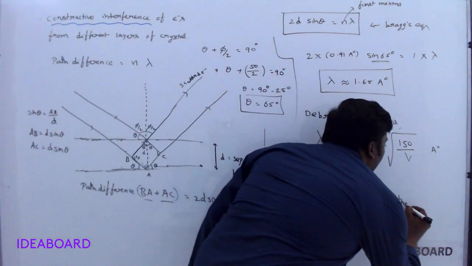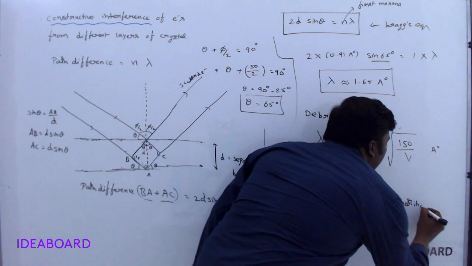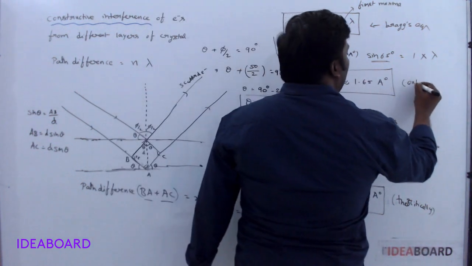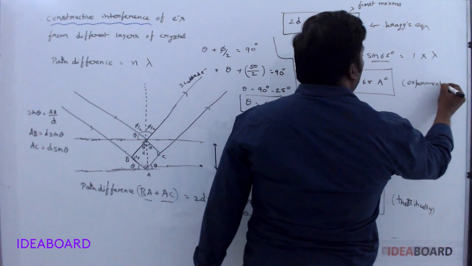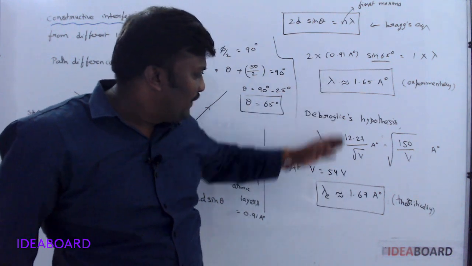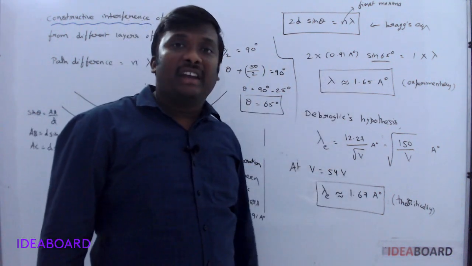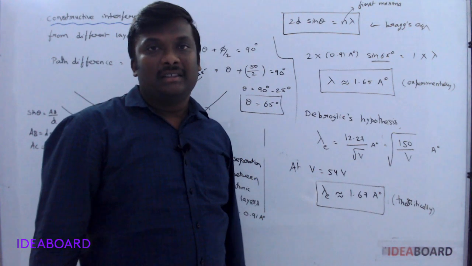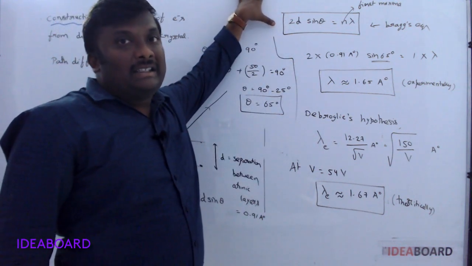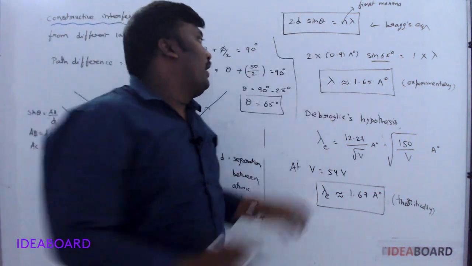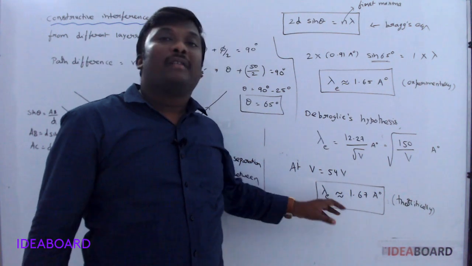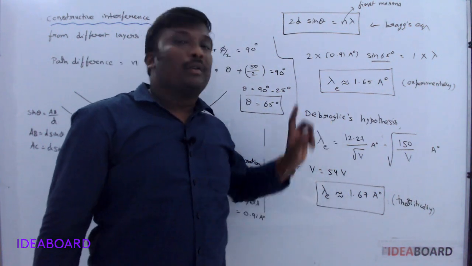This is theoretically, and experimentally we got 1.65. Compare those two values. They are very, very near now. This indicates, in the Davisson and Germer experiment, the wavelength of electron is nearer to the value of wavelength of electron from de Broglie hypothesis.